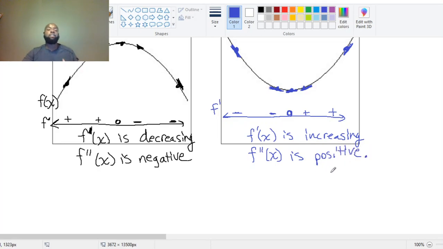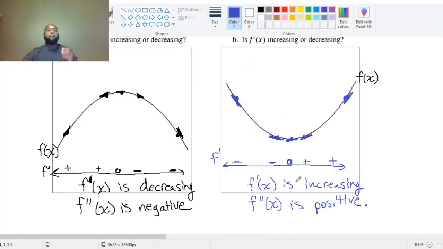Now, I specifically chose this function here because I want to know what the second derivative tells us about the function itself, which we have graphed here, right? On this entire interval, f double prime of x is negative, and my function looks like this. My function is concave down.